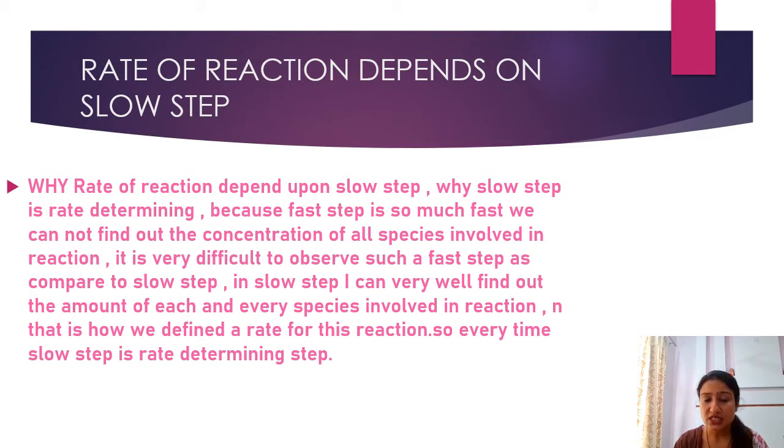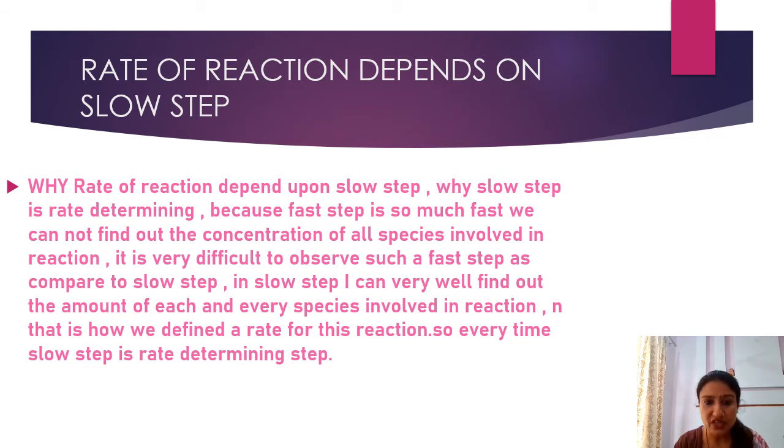Rate of reactions depends upon the slow step. The question that arises in your mind is why does the rate of reaction always depend on the slowest step? Why is the slow step rate determining? The answer is that the fast step is so fast that we can't find out the concentration of all species involved in the reaction.